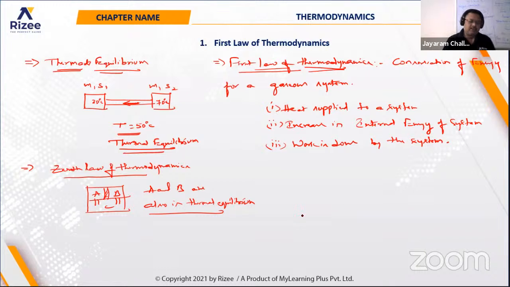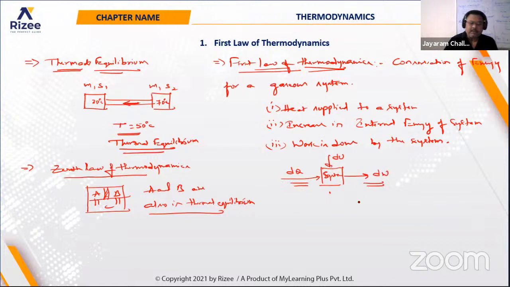Suppose a system is there like this, and you are supplying an amount of heat to it. That is dQ you are supplying, and on that one your internal energy rises, that is dU, and the work is done by the system, that is dW. These are the basic things.